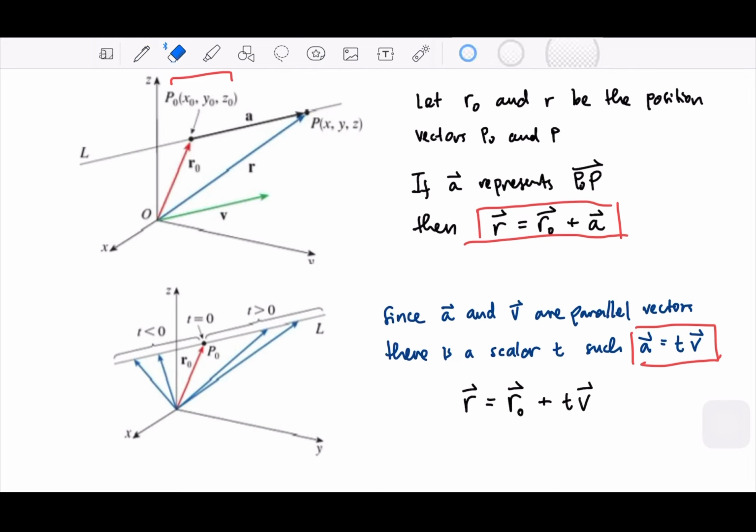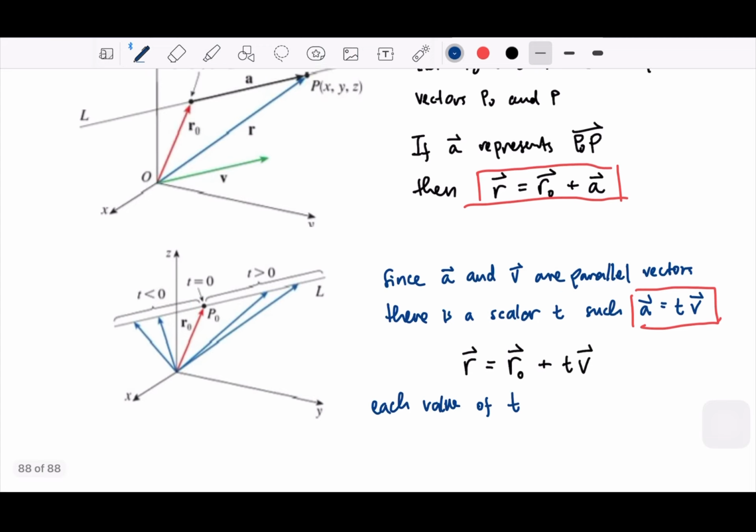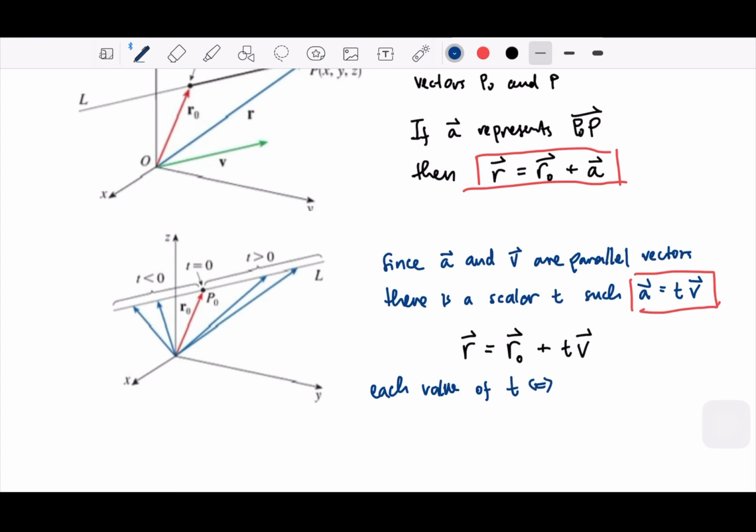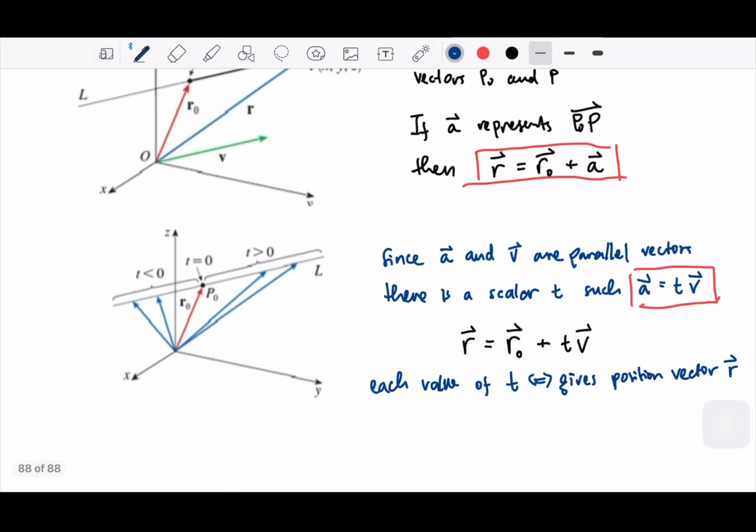Each value of t gives the position vector R of a point on the line L.